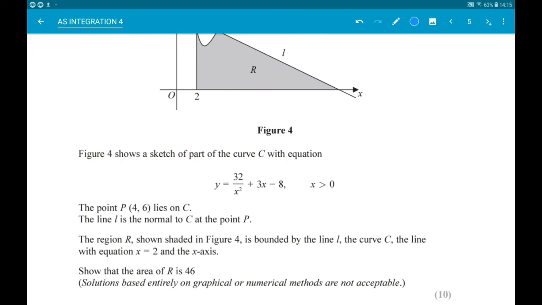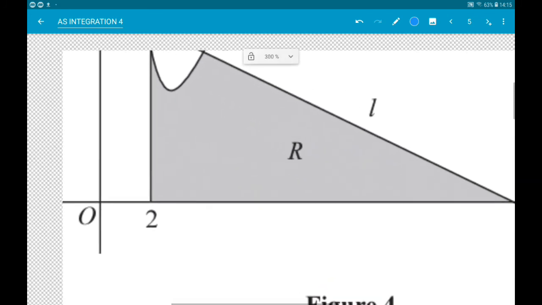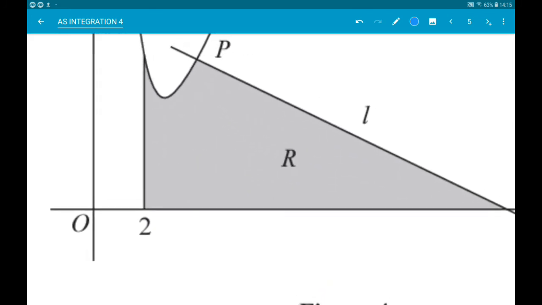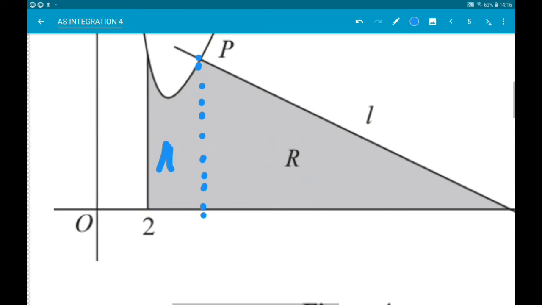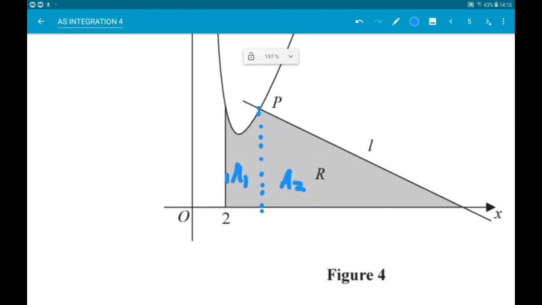Alright, 10 marks. So, the first thing we're going to do is split this area. So we have a region under the curve, and then a triangle. So I'm going to call these two areas A1 and A2. Now, we know how to find areas under curves.